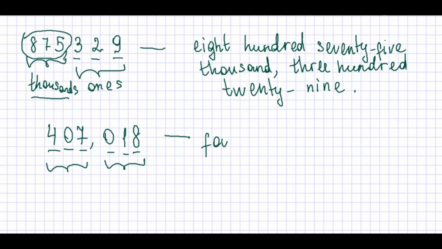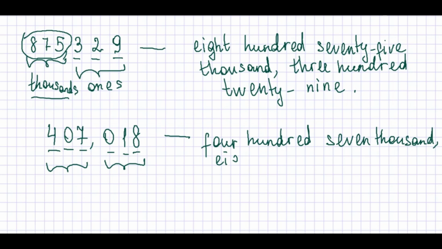Let us write it. 407,000, comma, 18. Yeah. So now let us pay attention to the zeros here.